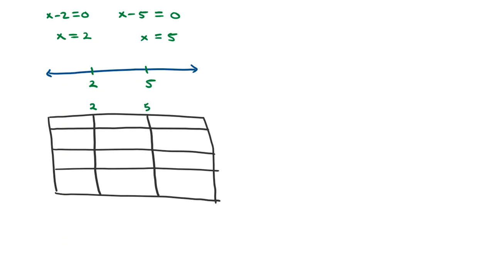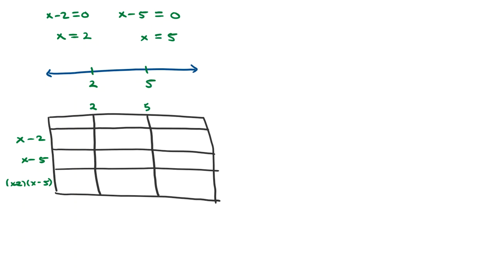Now, to the left of this table, next to the second row, I'm going to put the factor x minus 2. Right underneath that, for row 3, it's going to be the factor x minus 5. And then the last row consists of the product x minus 2 times x minus 5.